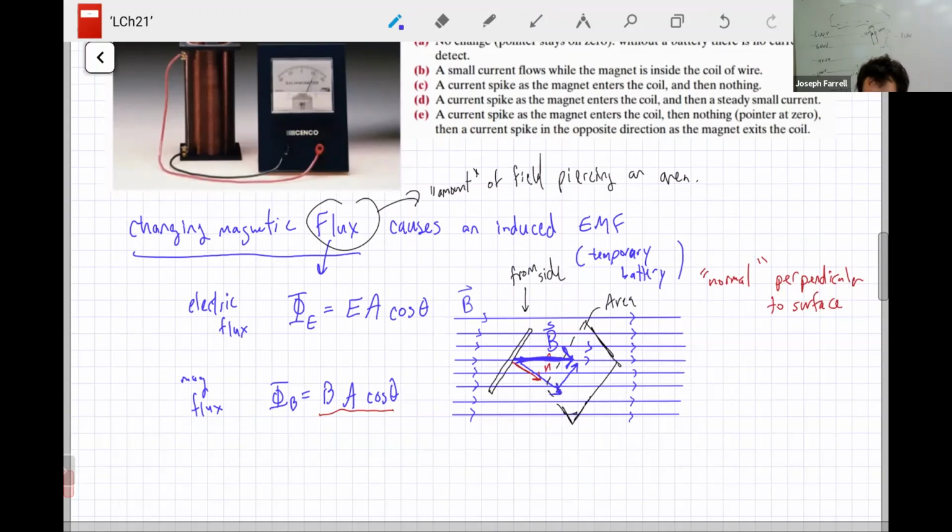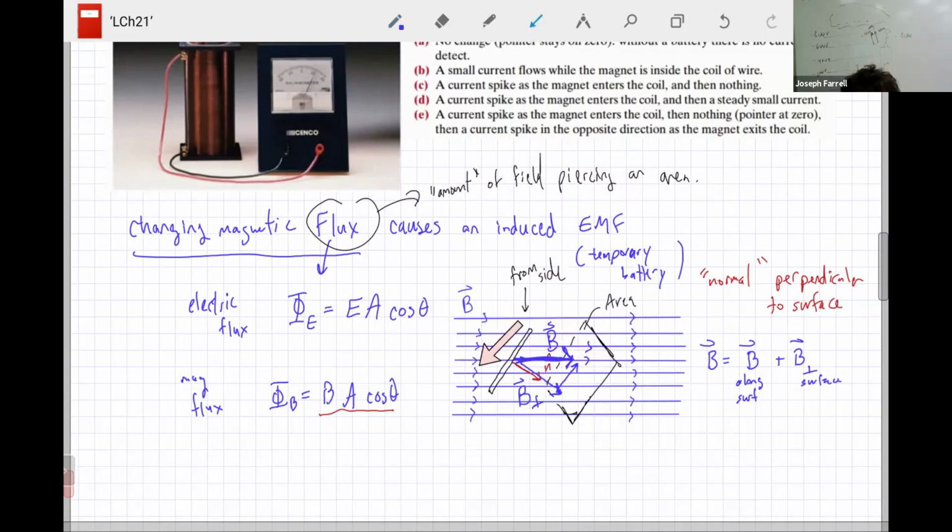So we can think of the magnetic field as one component that's perpendicular to the surface and one component that's along the surface. If you think about vector addition, we've got one plus the other here. And the component of B perpendicular to the surface is the component that determines the flux.